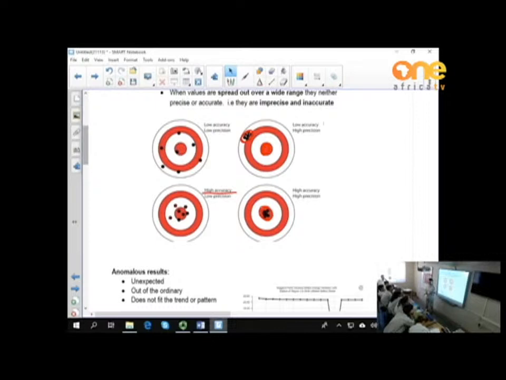I made errors on some of my readings. And over here we have low accuracy, low precision. We were supposed to hit the bull, and only one of my shots hit the bull. So one out of, how many have I there? 7. I'm not very accurate. Was I precise in my error? Nope, it's all over the place. So I probably made different errors taking readings.